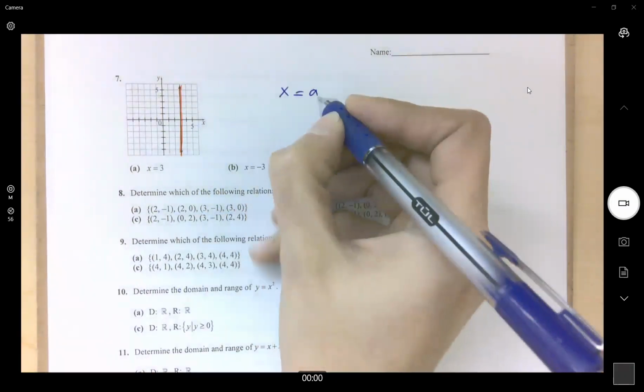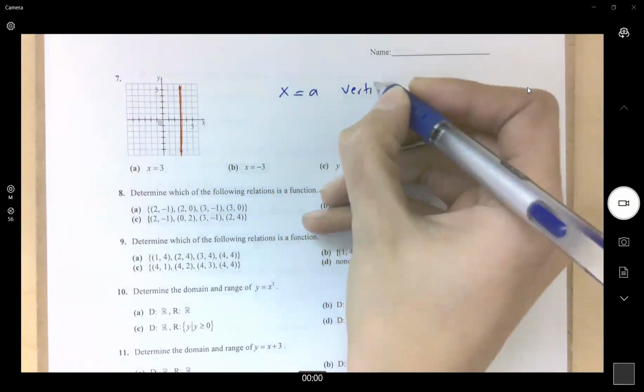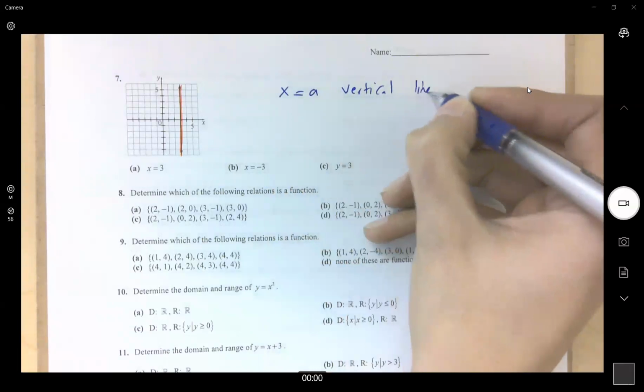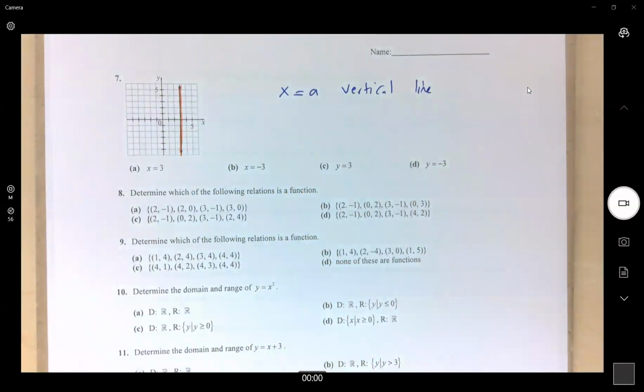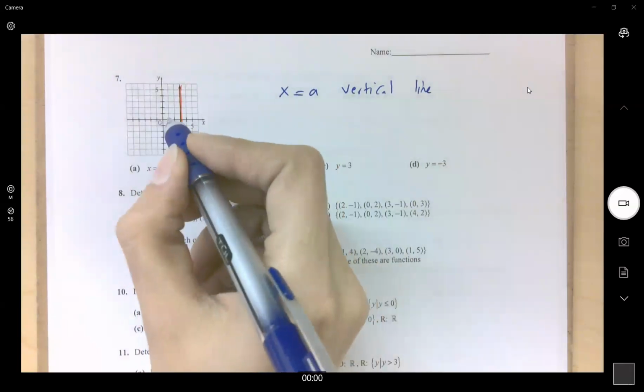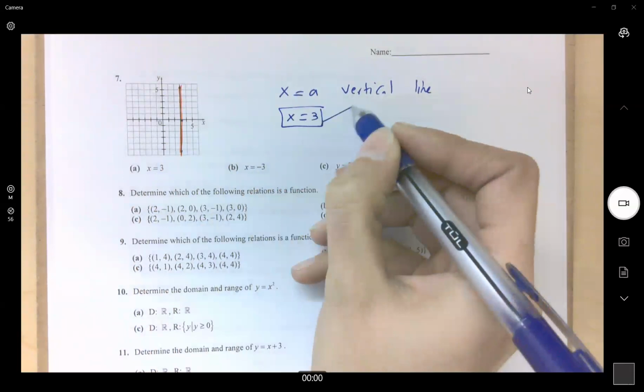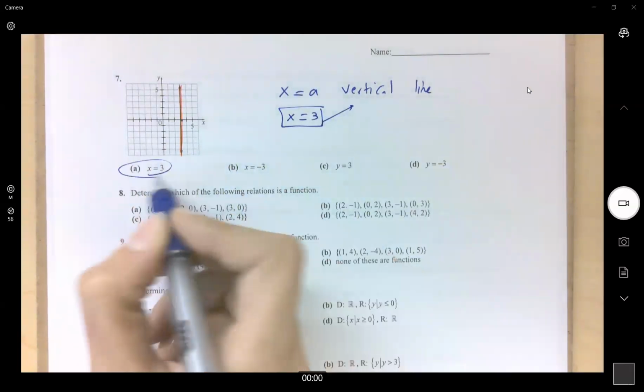This represents a vertical line. Like last session when we were talking about symmetry, the axis of symmetry was a vertical line. So x equals a. Here a is equal to 1, 2, 3 units. X equals 3 is our vertical line.